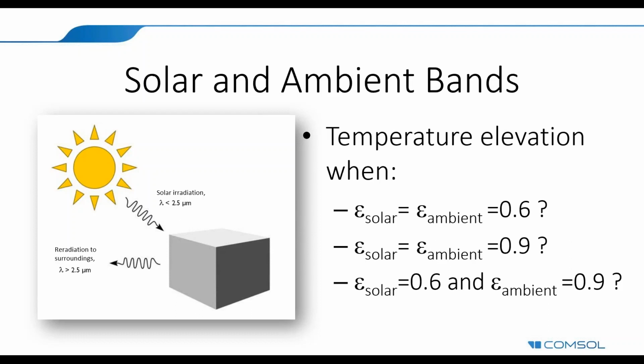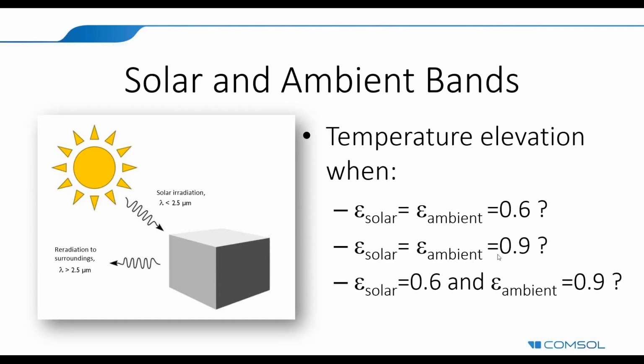And I will solve for stationary state, which does not exist obviously for the sun, since the sun is constantly moving. But just to make things fast and easy to solve, I will take this rather crude hypothesis, because the idea here is to compare the equilibrium temperature when you assume that you have a gray surface, so with all the surface emissivity equal to 0.6.